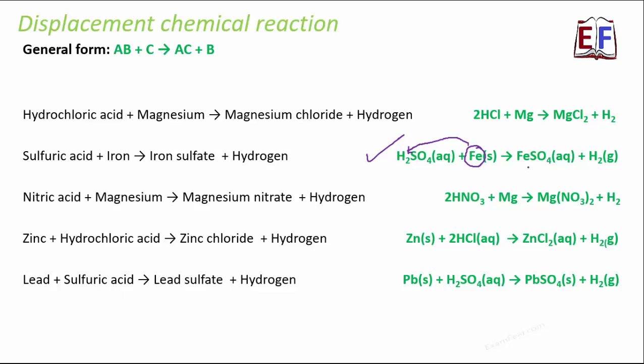So instead of hydrogen, you have iron now, and it forms iron sulfate. Similarly, let's talk about this equation: zinc plus HCl gives ZnCl2 plus H2. Here also zinc is kicking out hydrogen from this compound and taking its position, forming ZnCl2. So we see displacement is taking place in each of these reactions, and that's why they are called displacement chemical reactions.